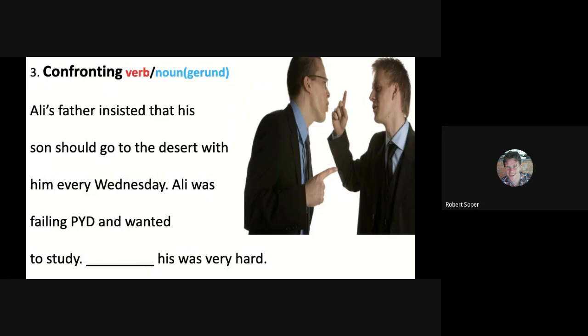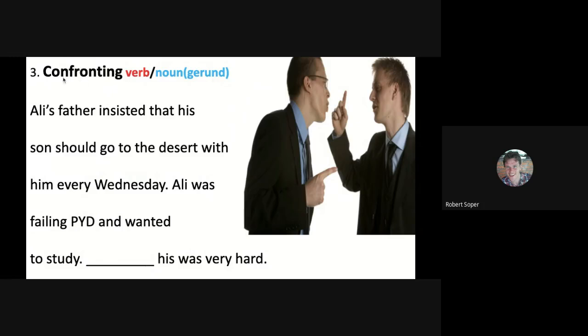If you confront someone, it means you are challenging them. So when you're confronting somebody, they might do something that you don't like, and you might challenge them about it. That might cause a confrontation. Confrontation is another noun for the verb confront.